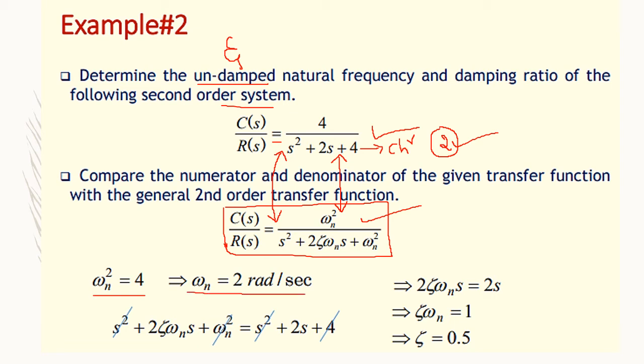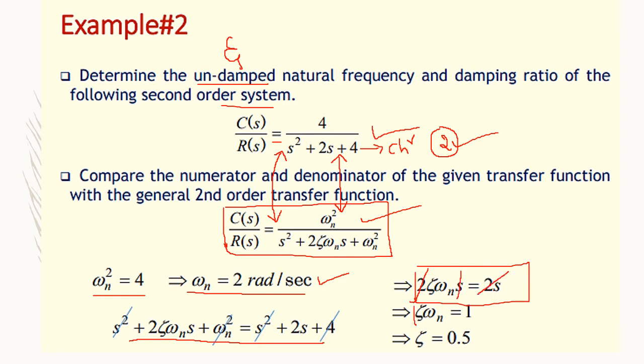You just observe everything is in radian per second. Next, if I equate the denominators of the two equations, I get 2 zeta omega n s is equal to 2s. So 2 gets cancelled, s gets cancelled. So what is left out?